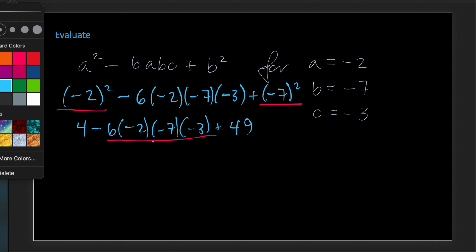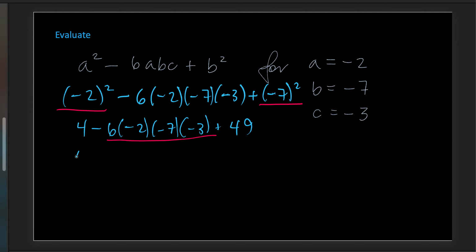So we've got a negative 6 times a negative 2 times negative 7 times negative 3. So that will make a positive 252. So we have 4 plus 252 plus 49.